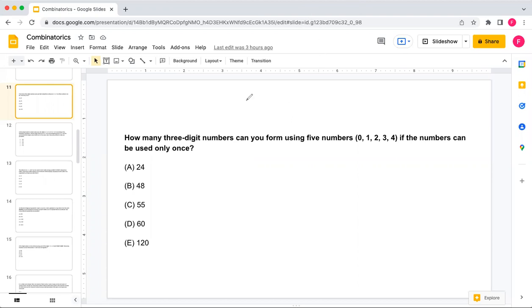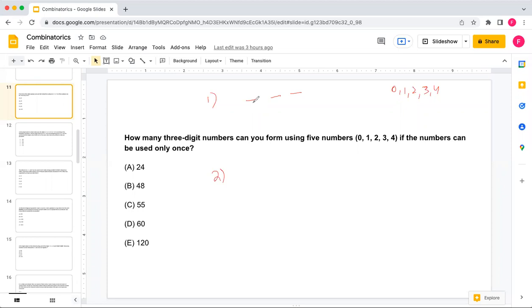So let's see, we have a 3-digit number and we need to form it out of 5 numbers which are 0, 1, 2, 3, and 4. Okay, so first thing is there could be 2 scenarios.